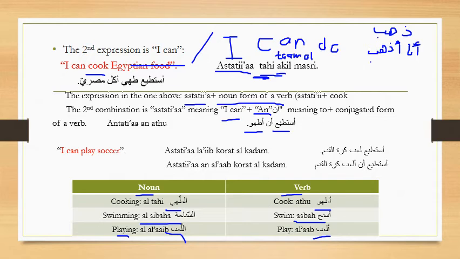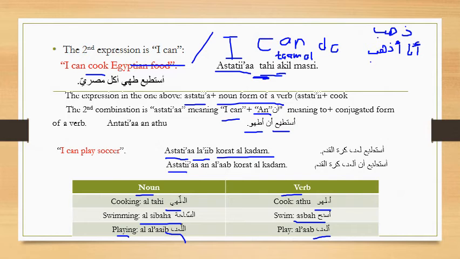I can play soccer. We have to follow here two combination rules. I can, in both ways, it's أستطيع. Either we follow the noun form of the verb, so playing is لعب, soccer is كرة القدم: أستطيع لعب كرة القدم.